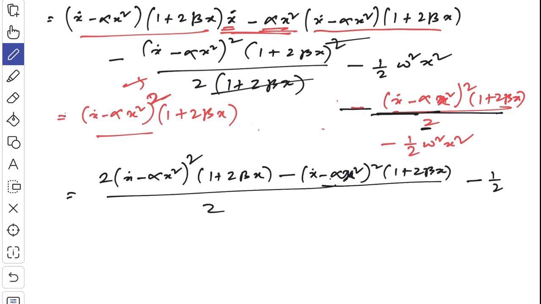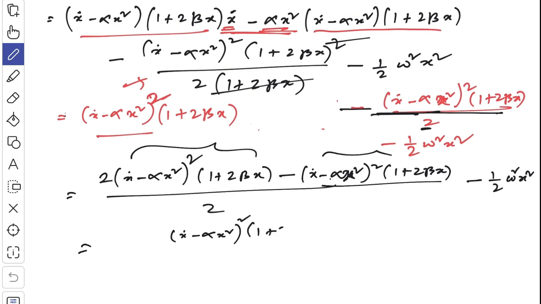So here minus 1 by 2 omega square x square. So here you see you can subtract these two terms, then you will get again (x dot minus alpha x square) whole square (1 plus twice beta x) by 2 minus half omega square x square. That is what we have got.